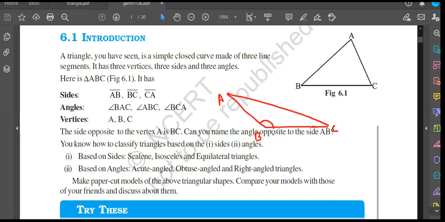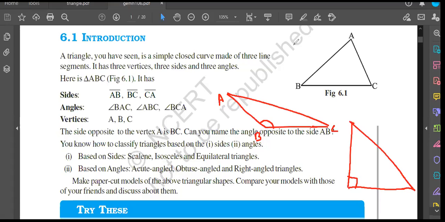Now, if any one angle of a triangle is 90 degrees, then it is called a right angle triangle. Got it, everyone? Okay, very good.